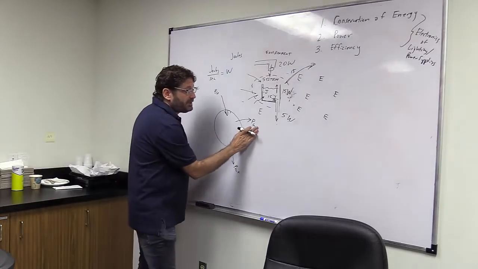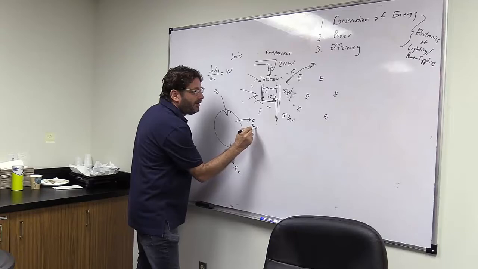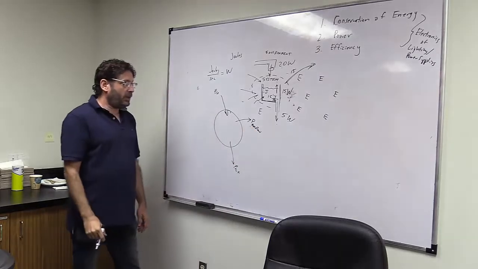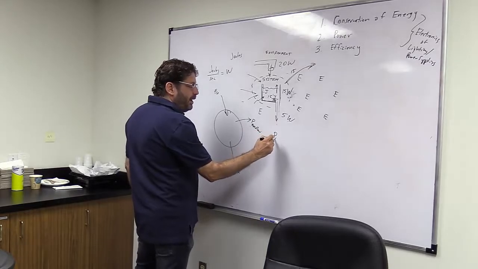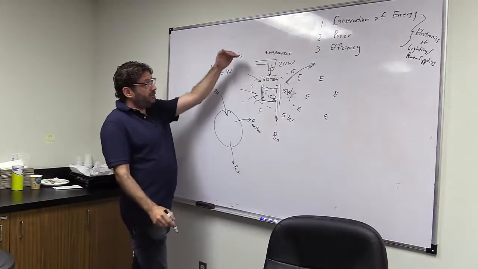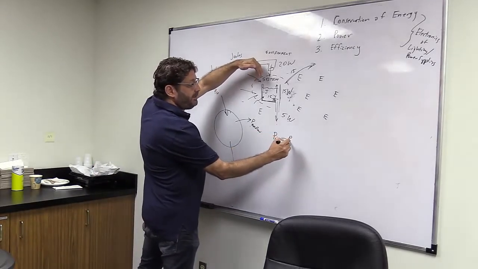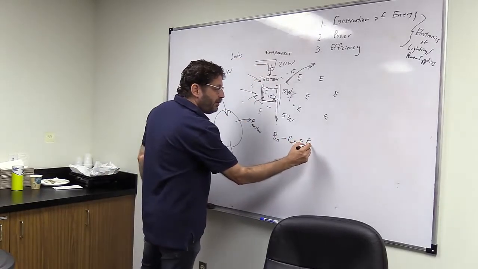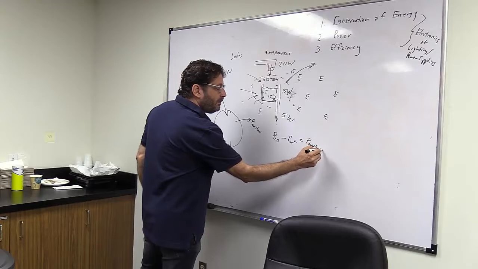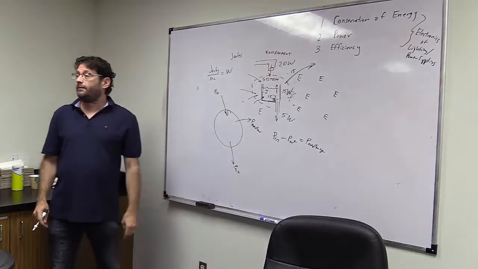Let's call it overflowing because that was our example. Overflow, right? What do we know? Well, we know that the power in minus the power out equals the power overflowing, right?